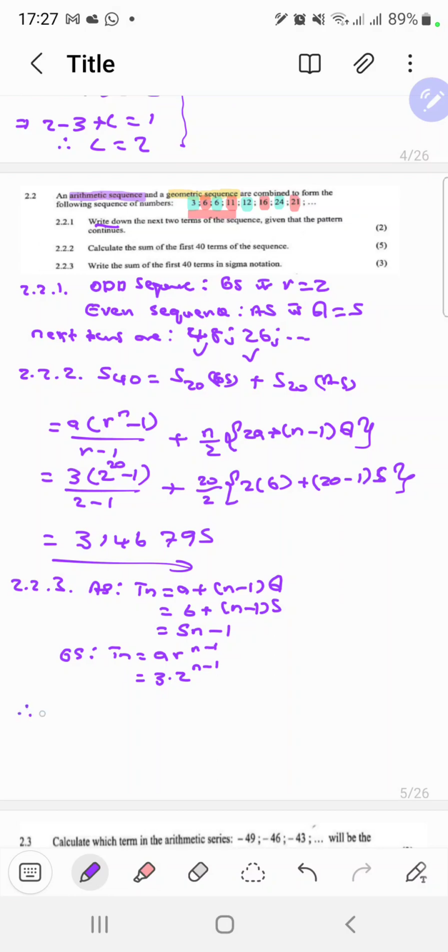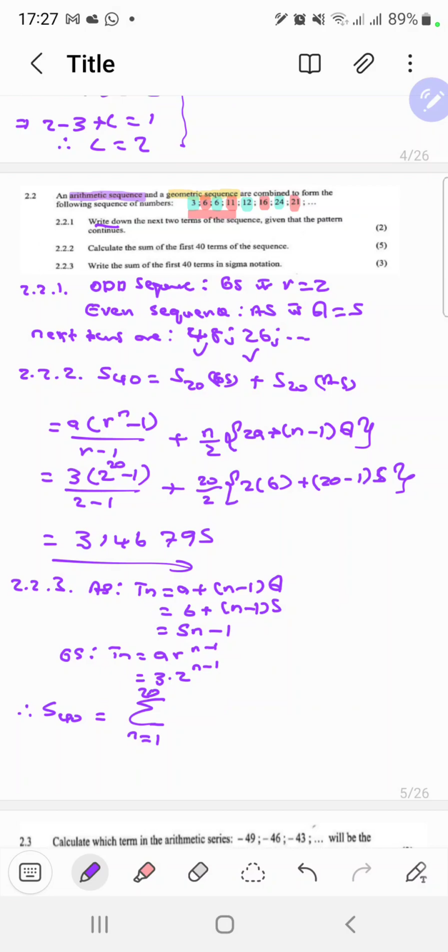And then we can say, therefore, the sum of all these 40 terms, the S40, is going to be equal to the sigma, where n is equal to, we're starting with n equals 1, up to 20 terms at the top.